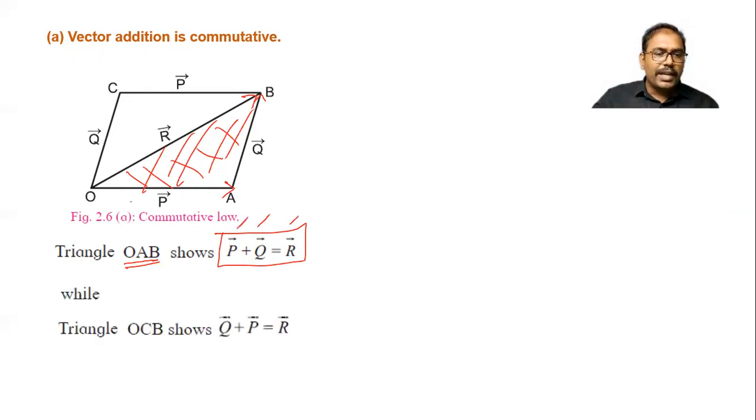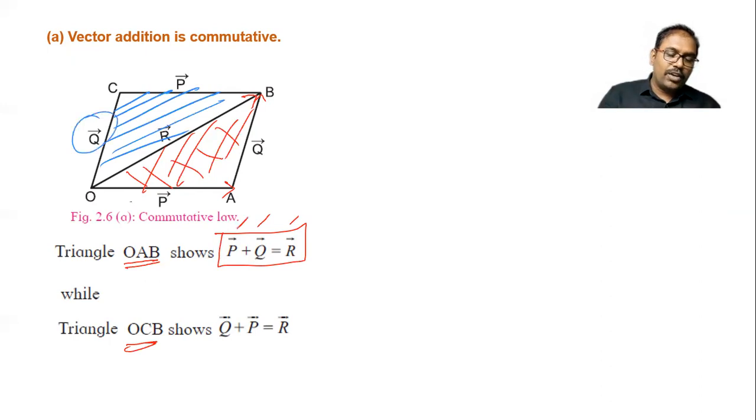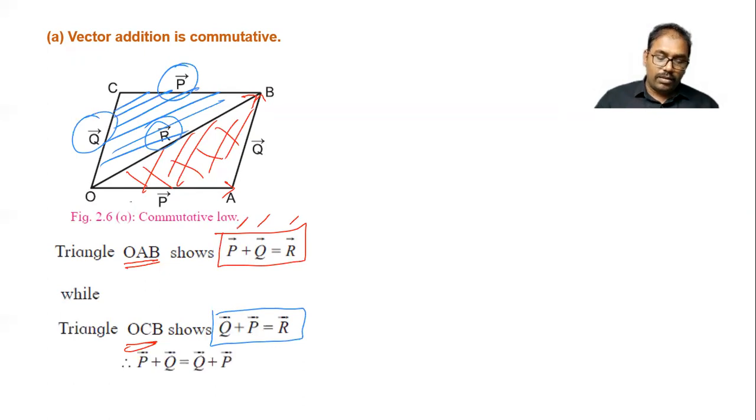In a similar manner, we can apply triangle law to this OCB. So this one, next triangle OCB. So to this one, we can write, first side Q bar plus P bar is equal to R bar. Okay, this is a triangle.